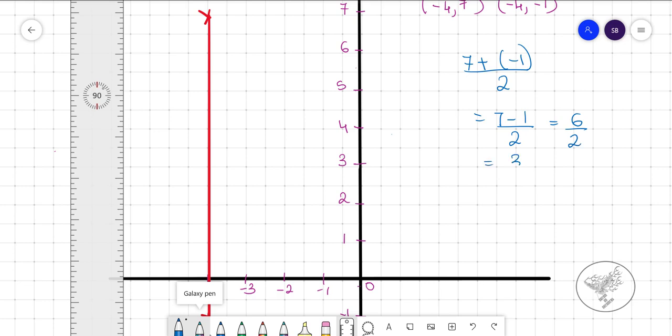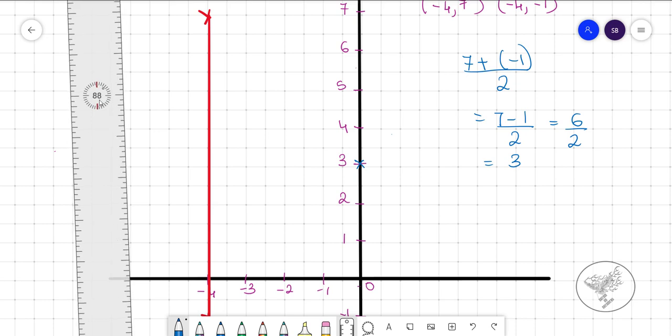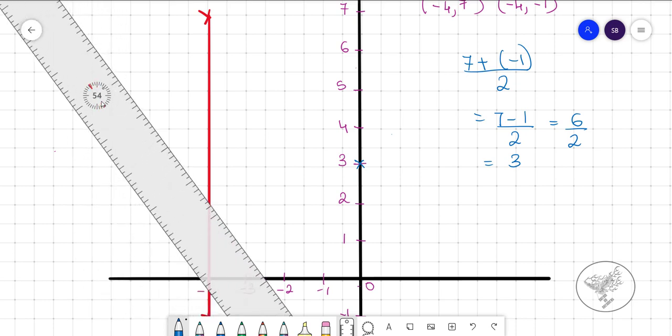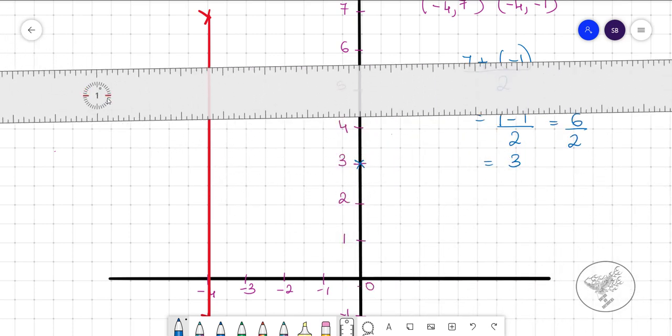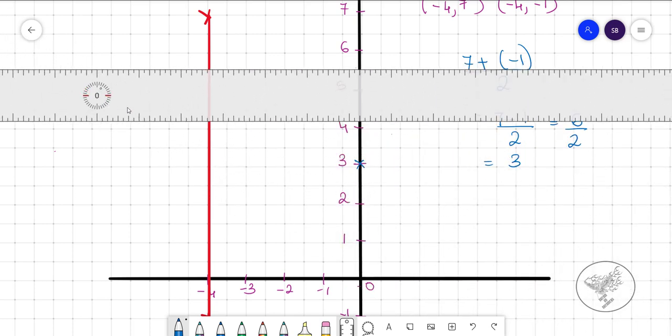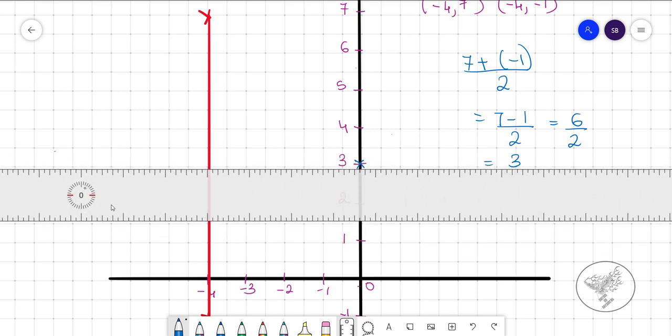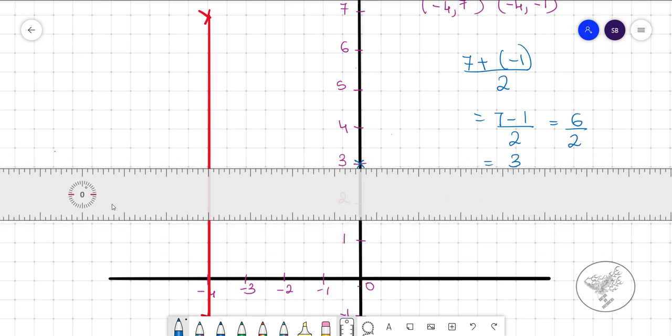What I'm finding is the y point 3. So this is the midpoint of the y coordinates, 7 and -1. So my perpendicular bisector right now would be this. Hope you all know the gradient of this line is infinity. That's the reason I'm using this method.